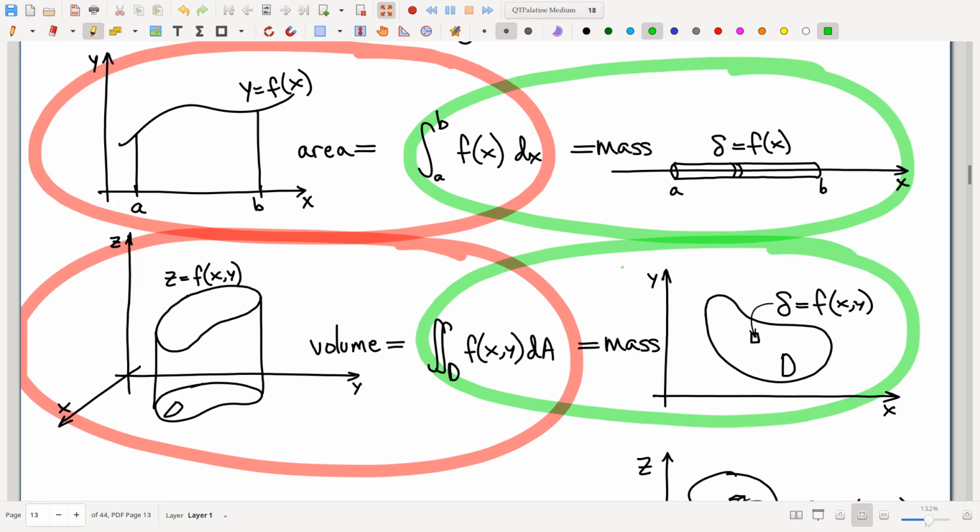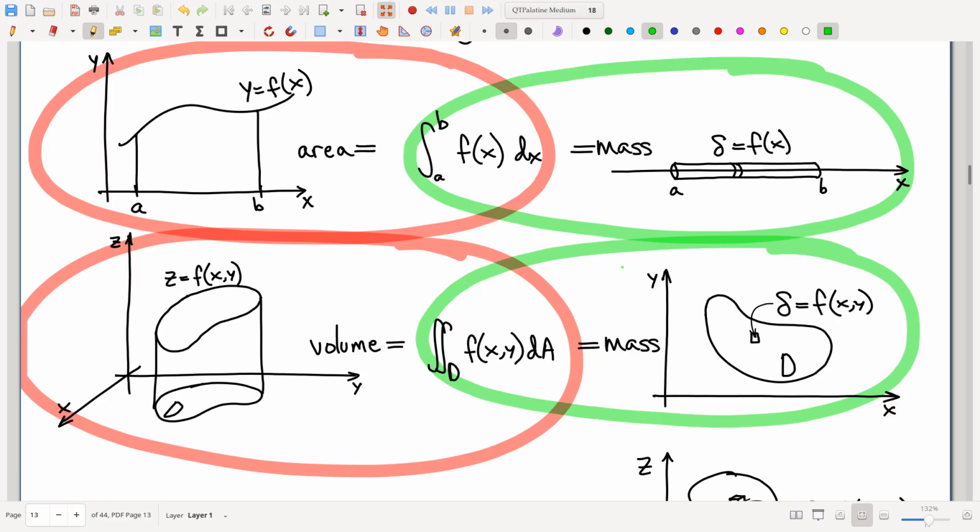Right? So for example, you may have mass distributed across an interval on the x-axis. They like to talk about the mass of a non-constant density rod as a way of saying this. And well, you can break it up into little pieces, and on each little piece, mass per unit length times length tells you how much mass is in each piece, and then you add up. So one way to think about a single variable integral is that you're adding up little pieces of mass on the x-axis.